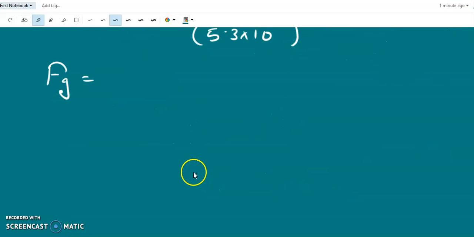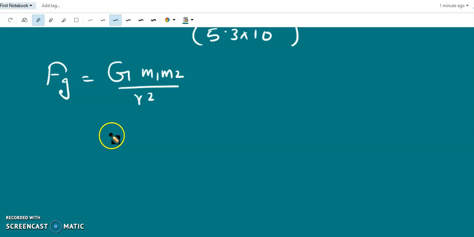Now we can calculate the gravitational force between the proton and the electron in the hydrogen atom. We know that the expression for the gravitational force is given by G m1 m2 divided by r square, where G is the gravitational constant.